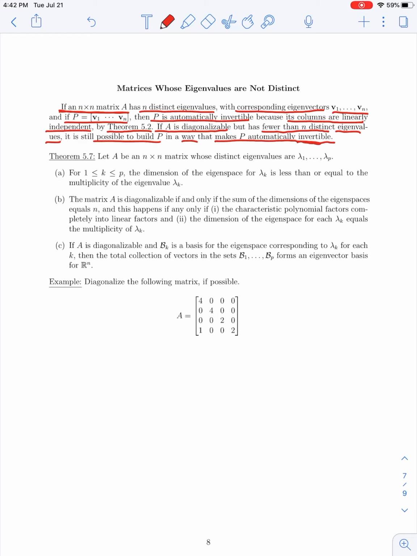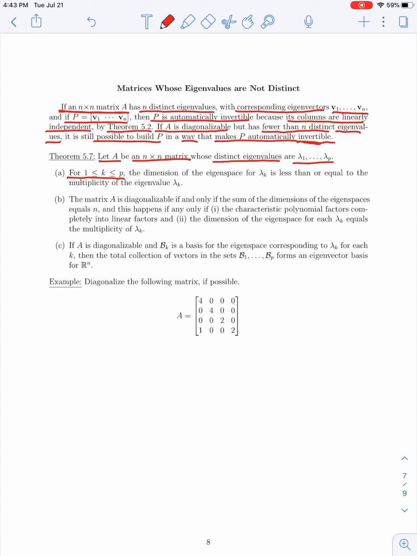So the following theorem, 5.7, gives us a technique for constructing such a matrix, and will tell us when our matrix A is diagonalizable. Suppose that we have a square n by n matrix A which has distinct eigenvalues lambda 1 through lambda p, where p is less than n. So it doesn't have as many distinct eigenvalues as its dimension.